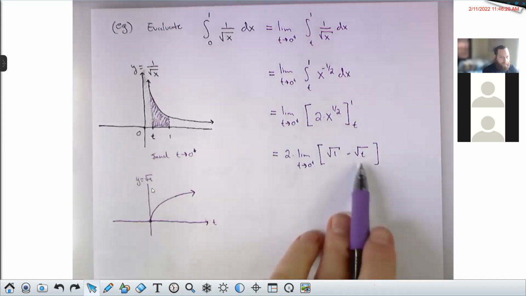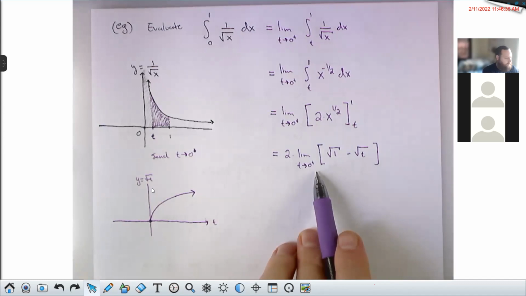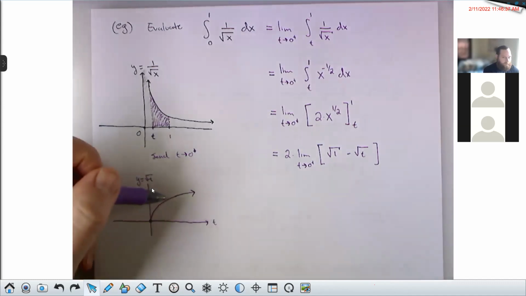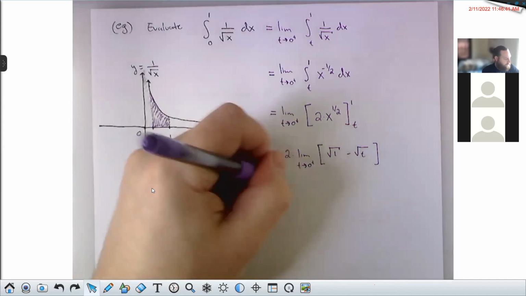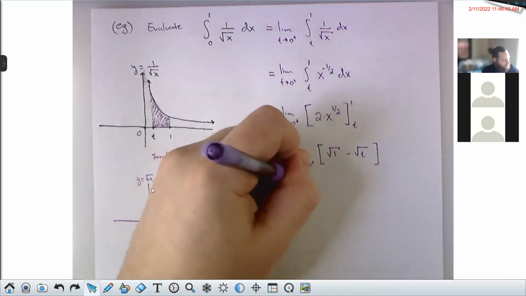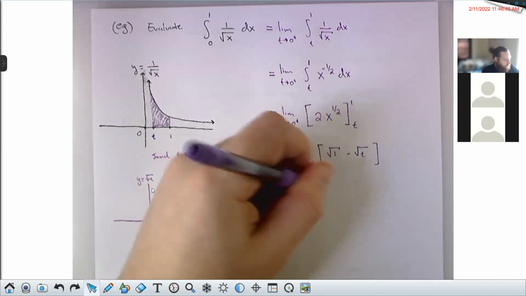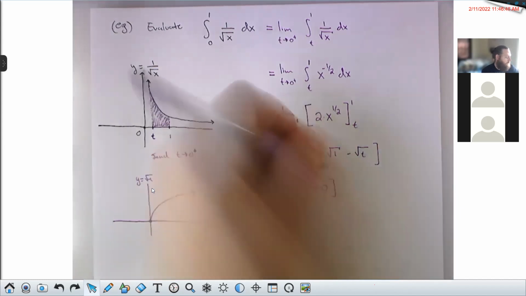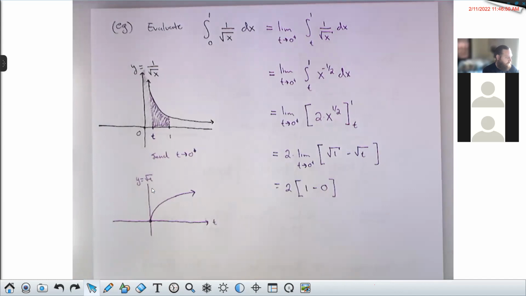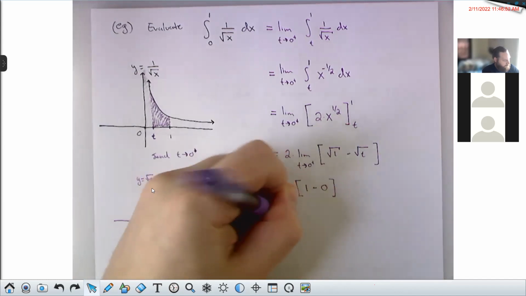So thinking just about this piece, which is the only place that the variable from my limit shows up, as t goes to 0 from the right, this function goes to 0. So I get 2 times, well, the square root of 1 is 1, and that limit of the square root of t is 0. So this integral comes out to 2.